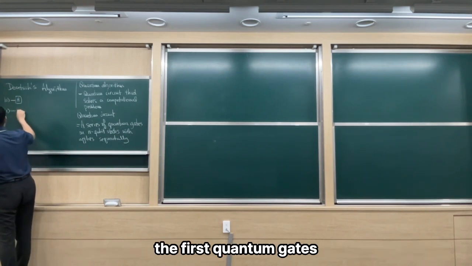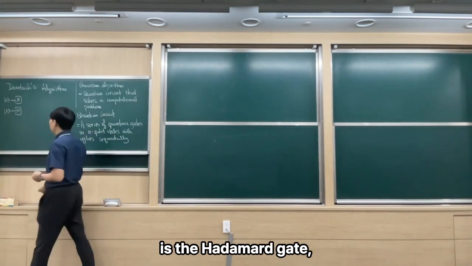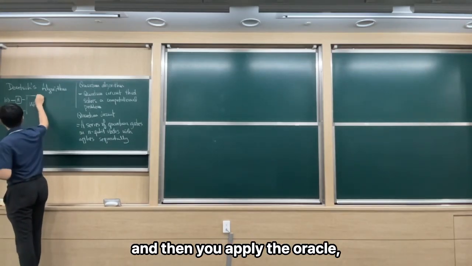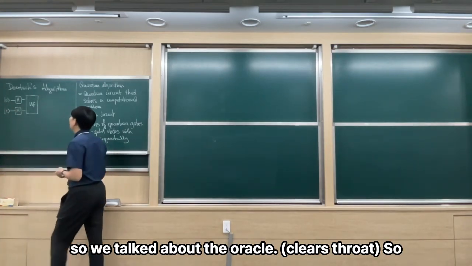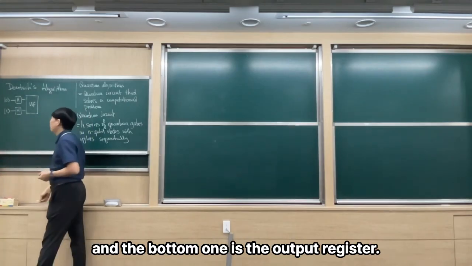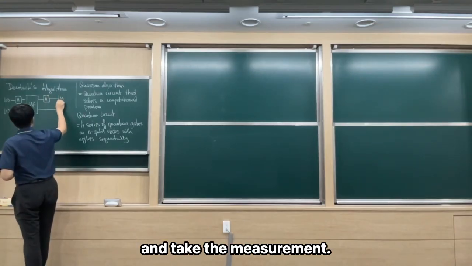So the first quantum gate that you apply on both of these registers is the Hadamard gate. And then you apply the oracle. So we talked about the oracle. The upper one is the input register and the bottom one is the output register. And then you apply the Hadamard again and take the measurement.